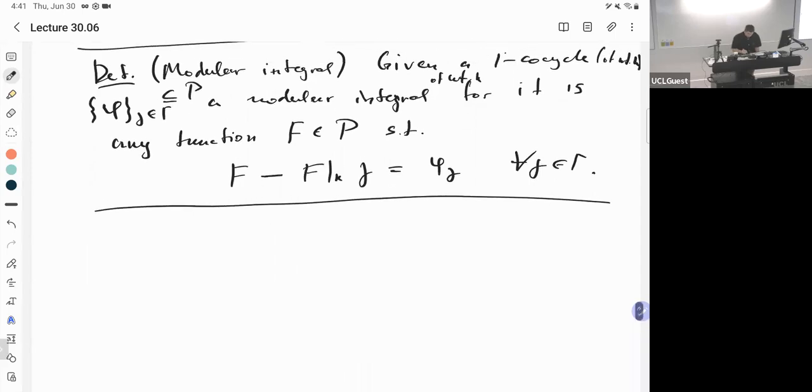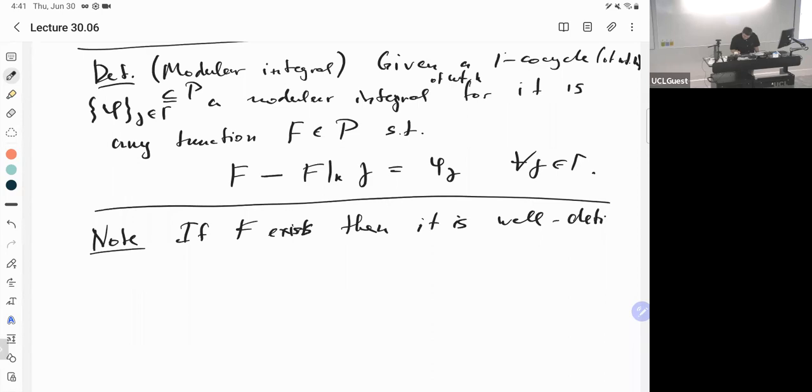Okay, so note, if such a thing exists, if f exists at all, then it's well defined up to a space of modular forms. So in a certain sense, it's unique up to finite dimensional corrections, modulo the space of modular forms for this group.